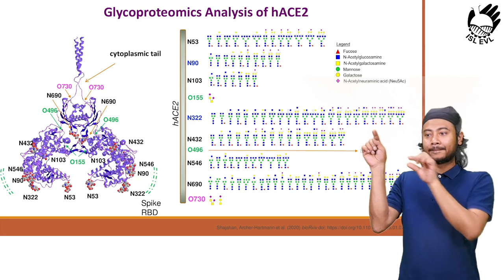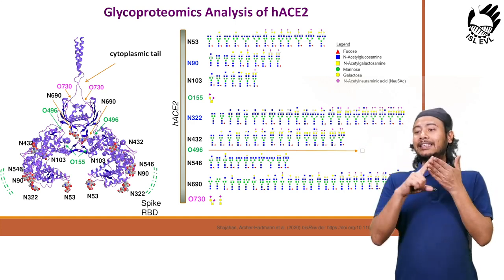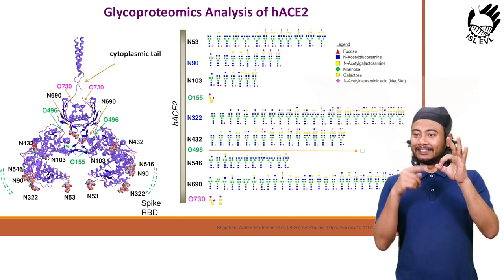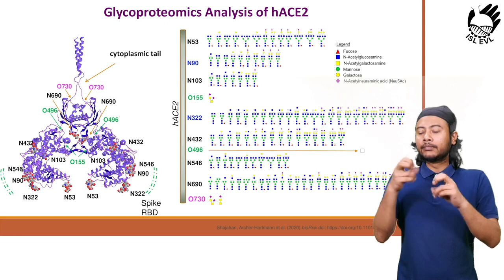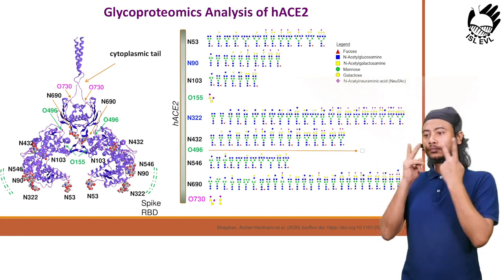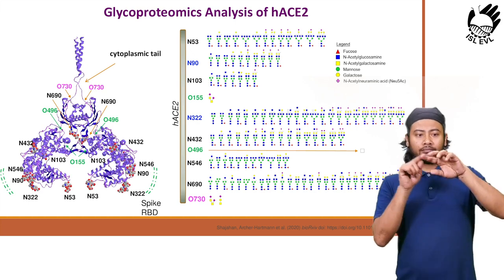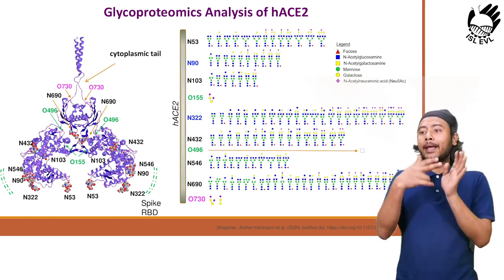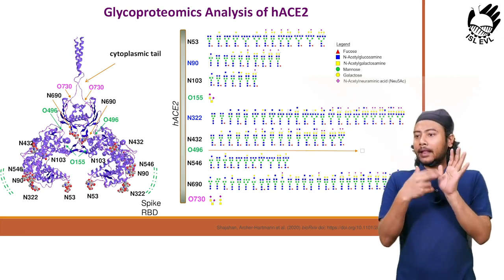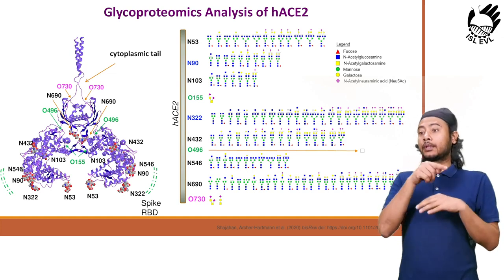So this figure shows the overall glycosylation profile that we obtained for angiotensin converting enzyme by the glycoproteomics method. Here, in comparison to the previous figure, we have a lot of site information. The earlier figure includes the total glycans, and this one gives site specific glycan information.